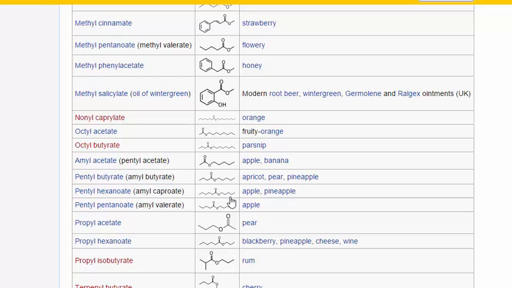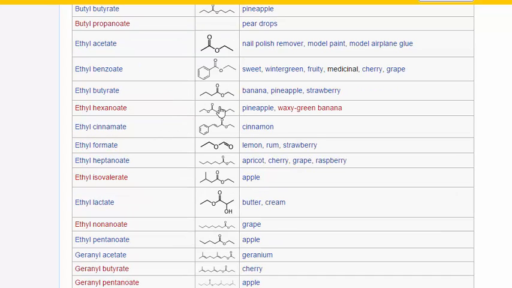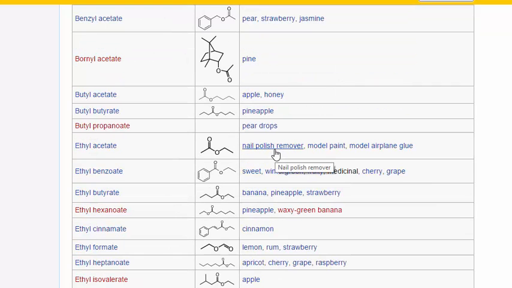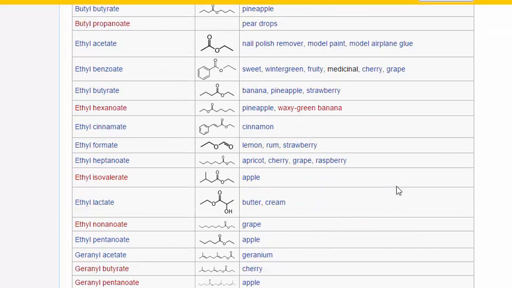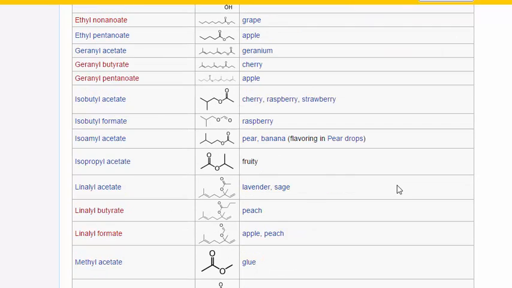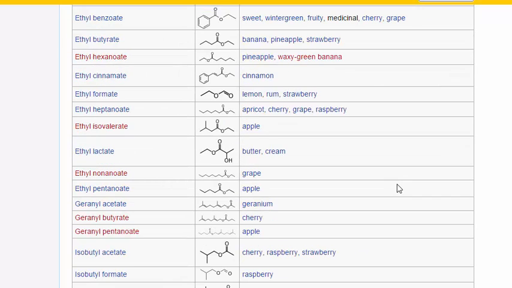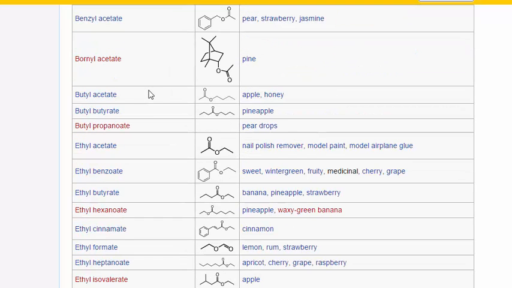Another shortish one smells like lemon or rum. Another short one was, where was it? I saw it just now. Ethyl acetate, there we go. Ethyl acetate smells like nail polish remover, or again airplane glue. Very distinct smells. You will smell it from far off already.